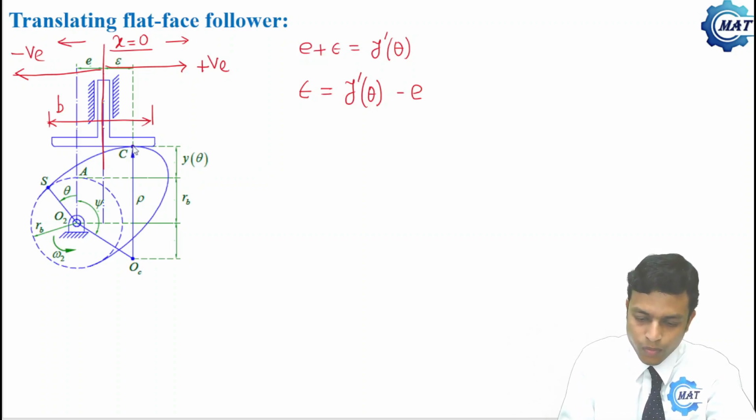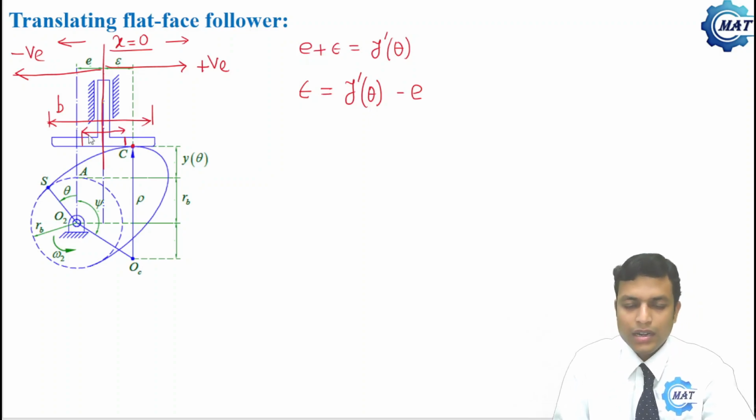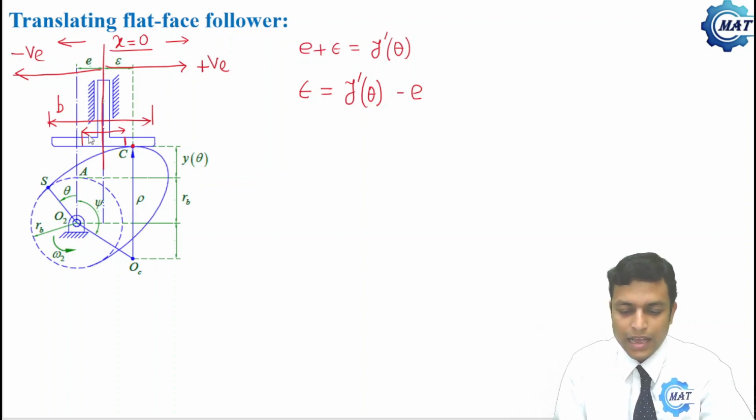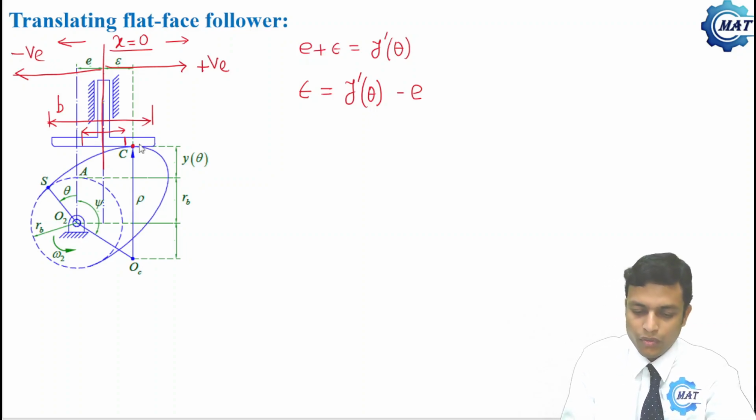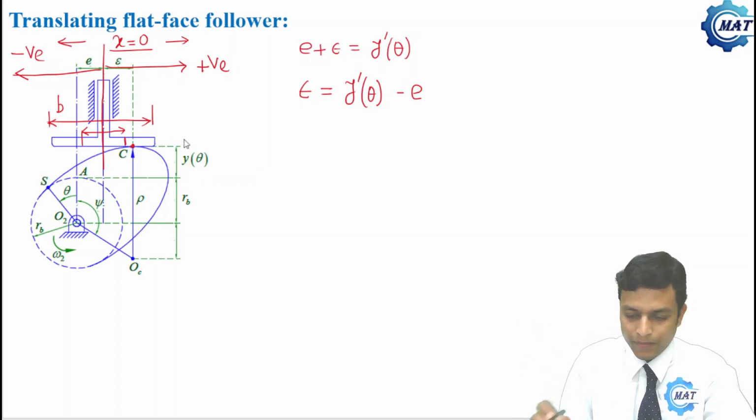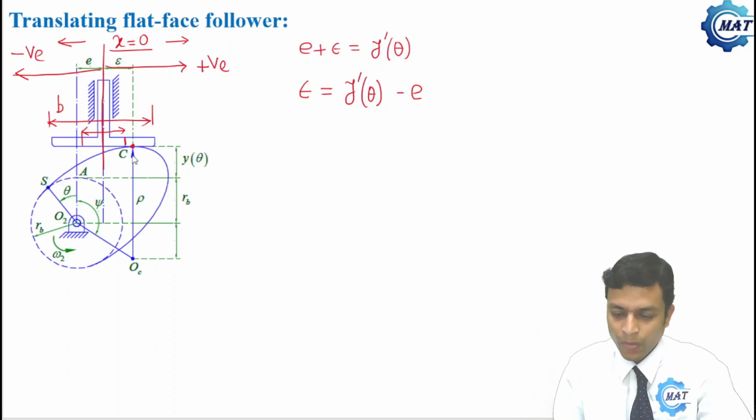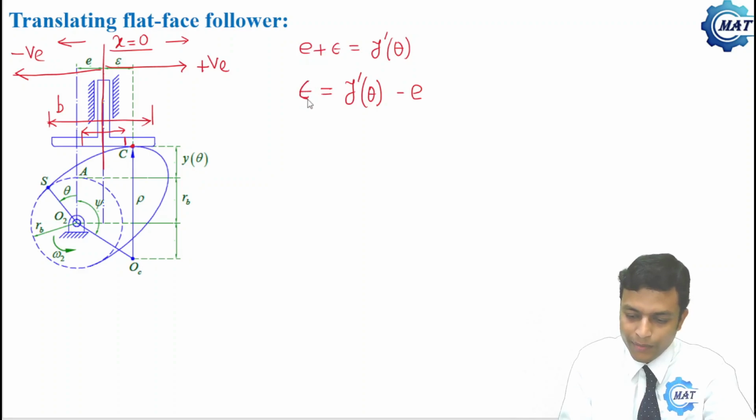So here the point of contact is at C. If B is less than this distance, say if we take B up to this, then the contact between follower and the cam will never be maintained. So we need at least greater than C here for this instant. Now epsilon will be maximum.